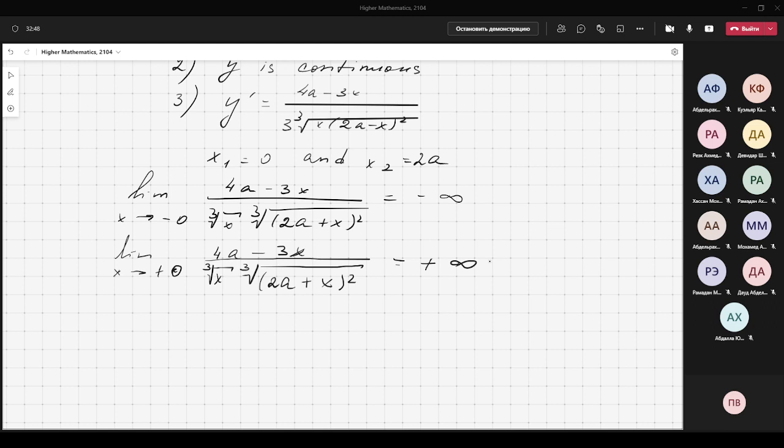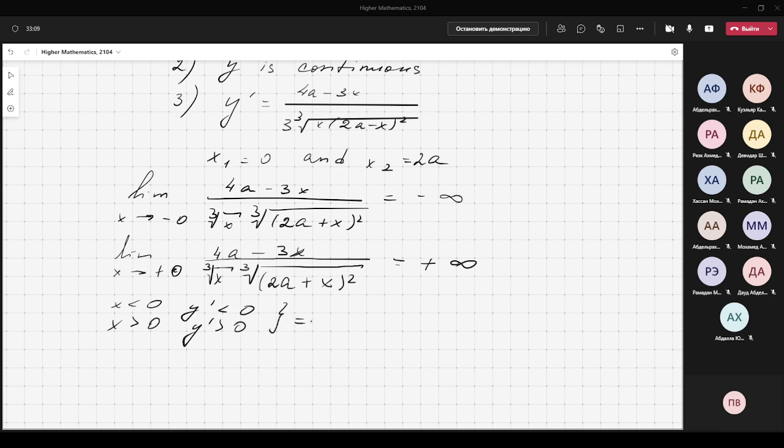For x less than 0, y prime is less than 0. And for x greater than 0, y prime is greater than 0.